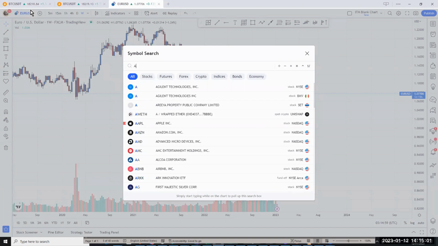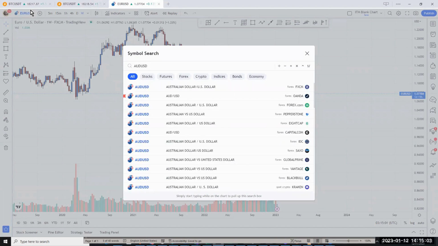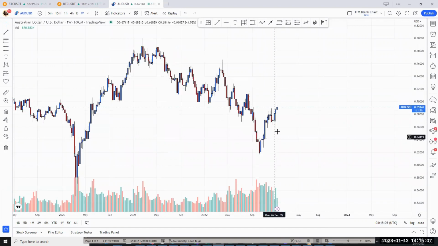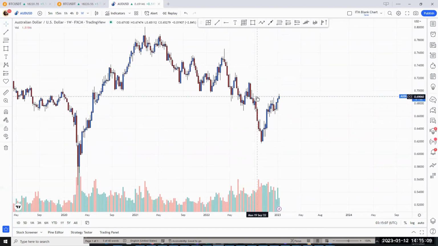Aussie USD. Aussie USD is simply trying to resist this liquidity area right up here on the weekly time frame.